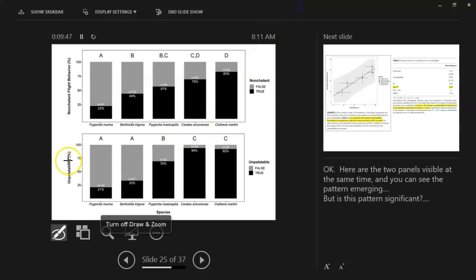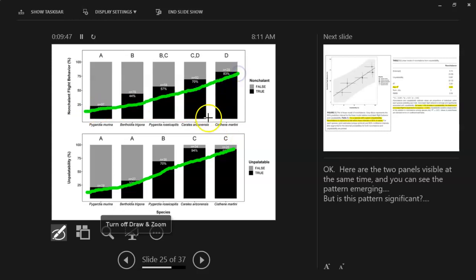So that establishes the baseline fundamentals for being able to do the comparisons that they do. Now, you've already noticed, and we've already talked about, that in the way they have these species arranged in this particular order, we see in general that the degree of unpalatability goes up and to the right across these bars, as does the degree of nonchalant flight.